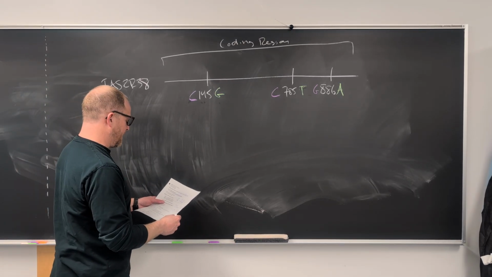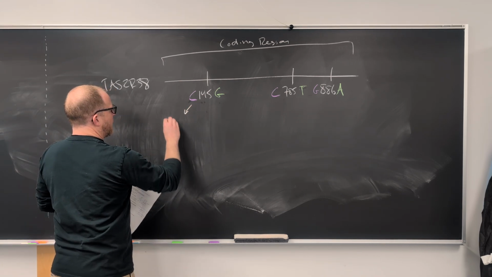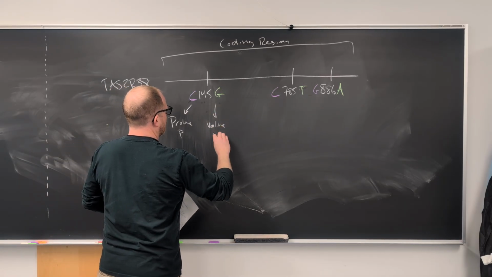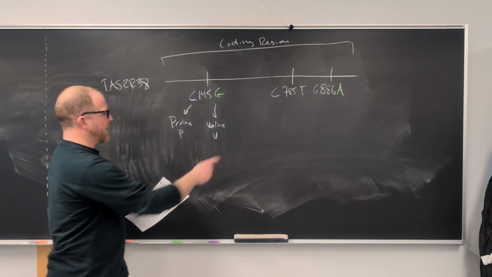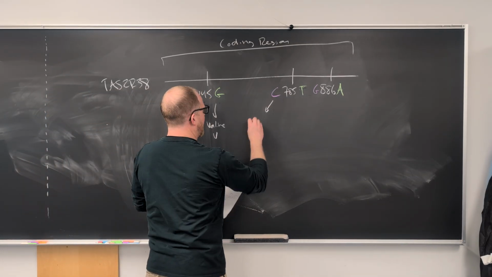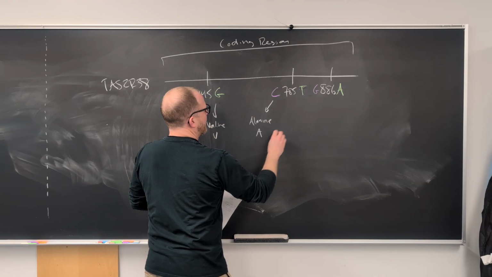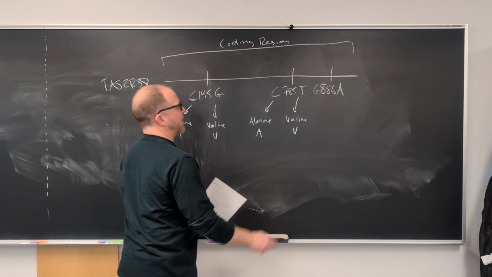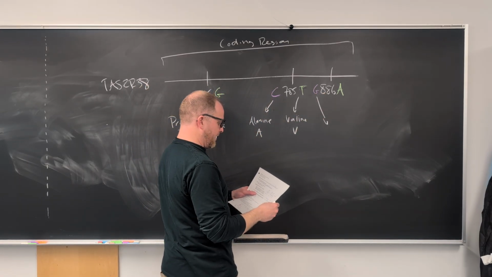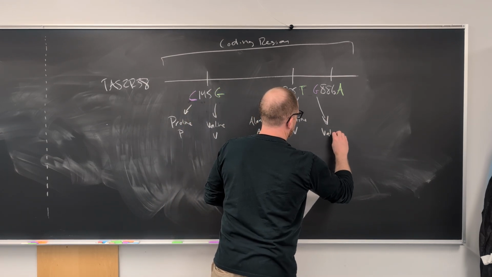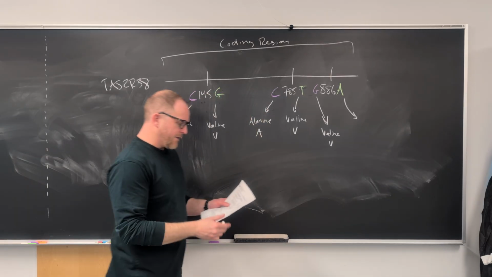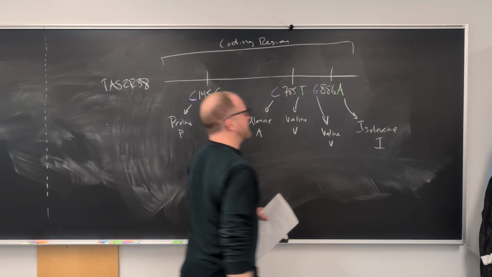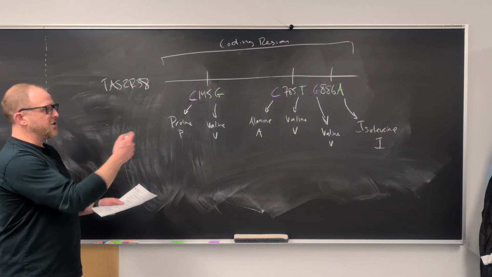If an individual has this C right here, it codes for a proline, or a P. If they have a G here, that codes for a valine, or a V. At this SNP, an individual with the C codes for an alanine, or an A, whereas this T codes for a valine, a V. At this SNP, if an individual has the G, this codes for a valine, V, whereas if they have the A, it codes for an isoleucine, an I. These amino acid changes functionally change this receptor.